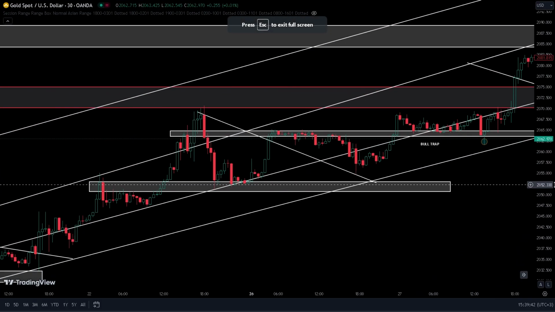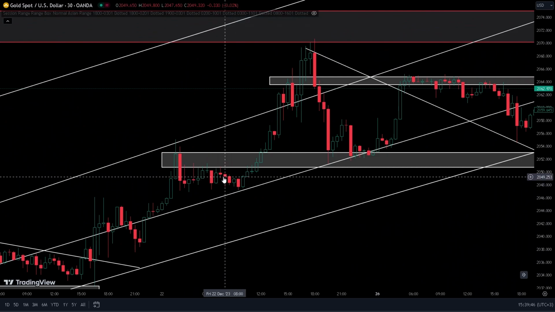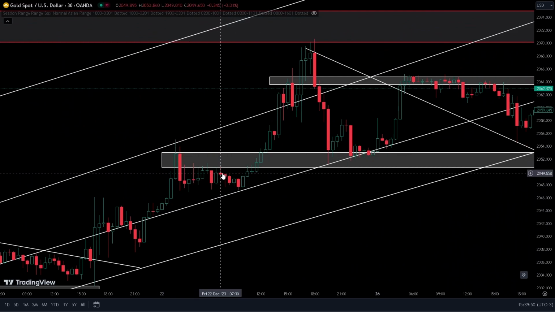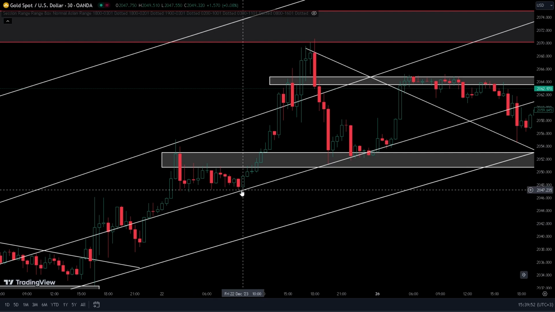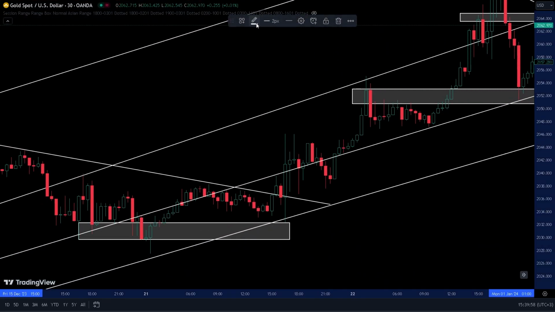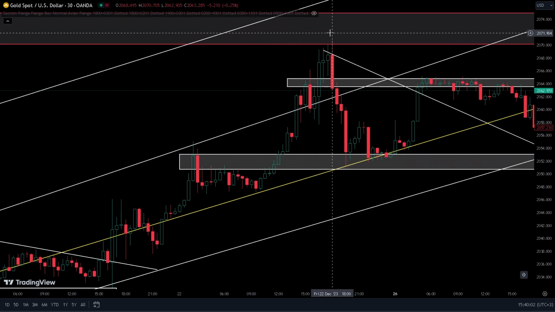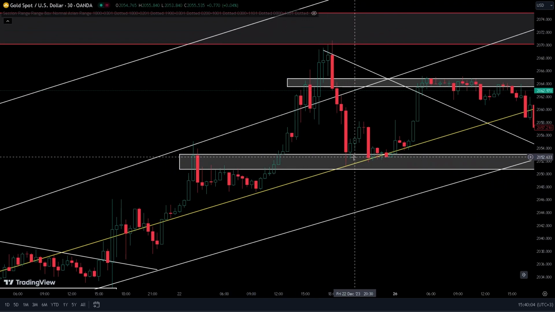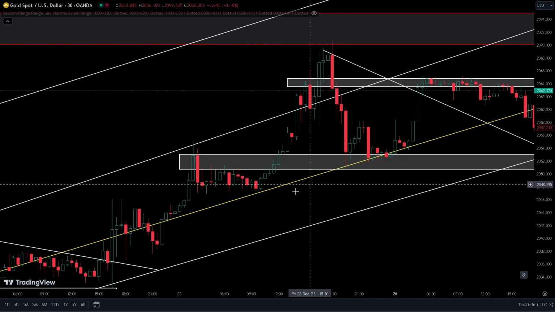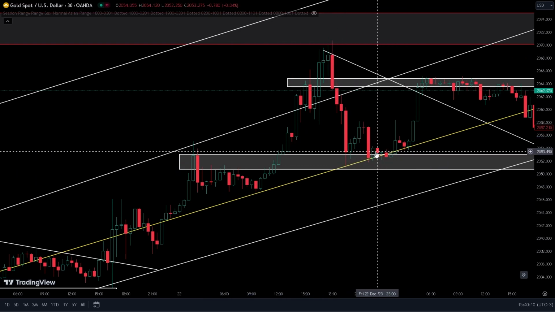I'll explain why. We have basically a breakthrough from this area, right? Previously it was a resistance, it was a supply, the market rejected, the market basically bounced on the 50 level, which I have from this line, as I mentioned to you before. And then we have this breakthrough, a rejection from this supply zone, and basically the market respected this area heavily, okay?